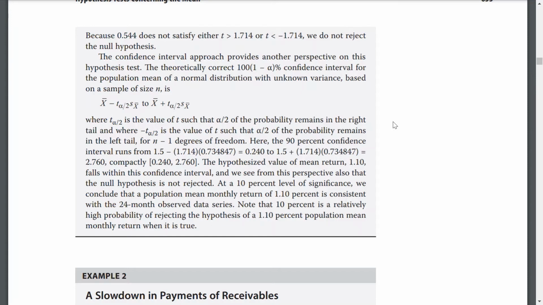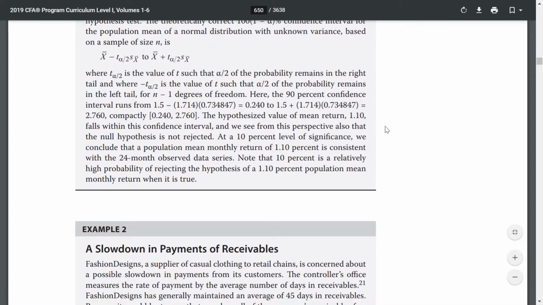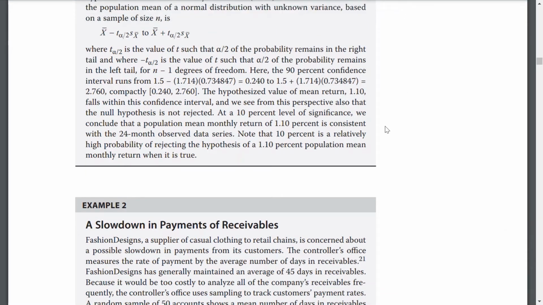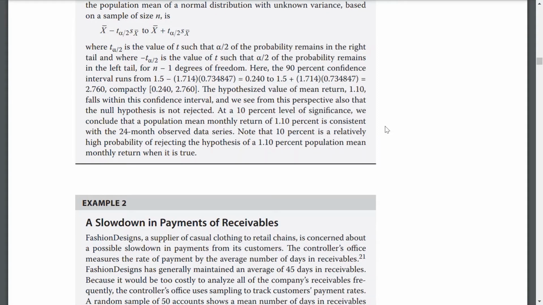We conclude that, given the 24-month observed data series, 10% is a relatively high probability of rejecting the hypothesis of a 1.1% population mean monthly return when it is true.